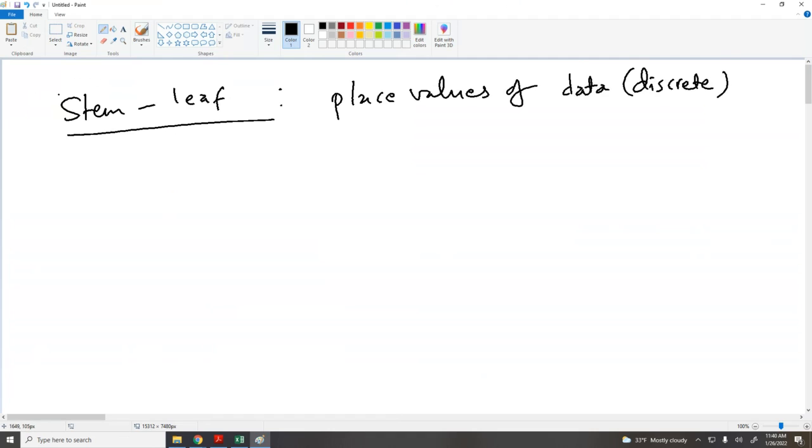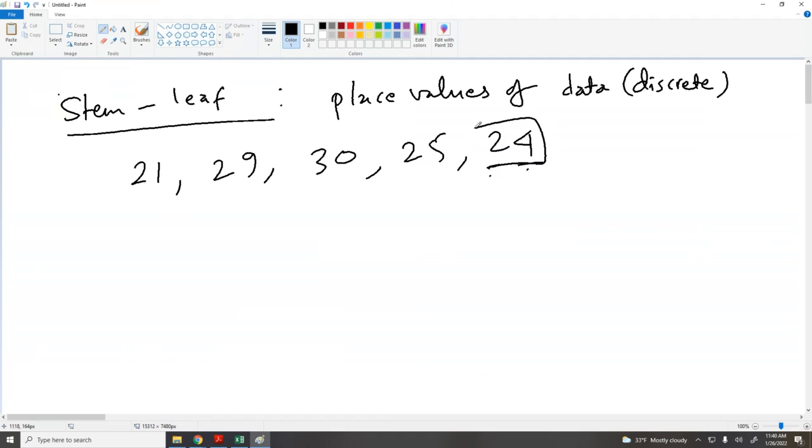Usually what happens is, let's suppose you have data like 21, 29, 30, 25, 24. Each of these data points has its own place values.